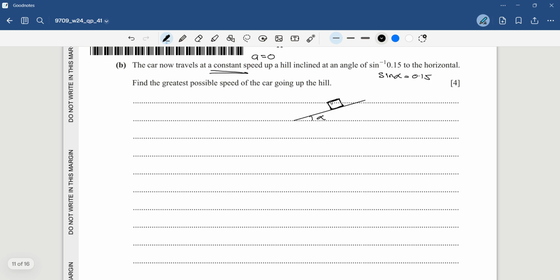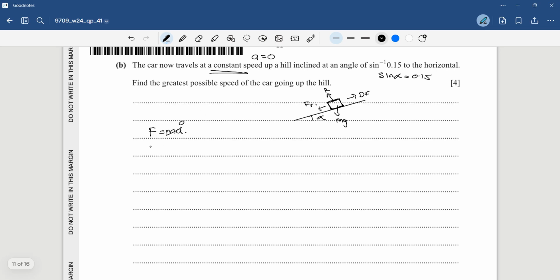So here there will be mg, there will be R, there will be a driving force, and there will be a resistant force F_r. Since they said we can use net force F equals ma, and since they said constant speed, this will be 0.